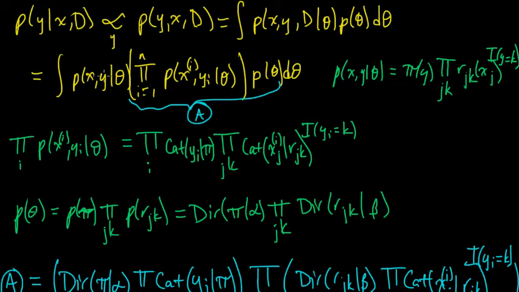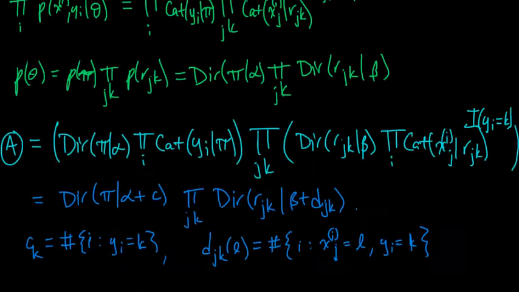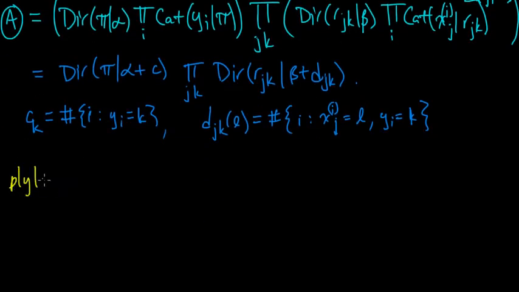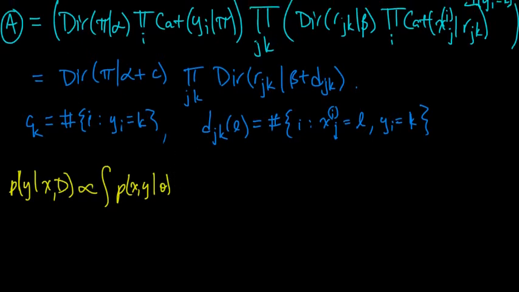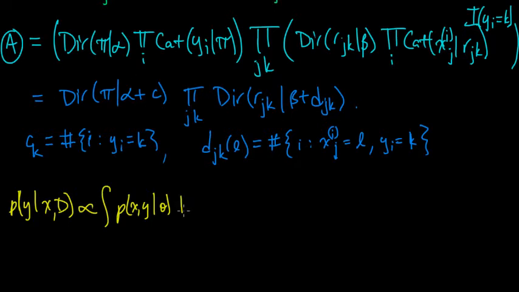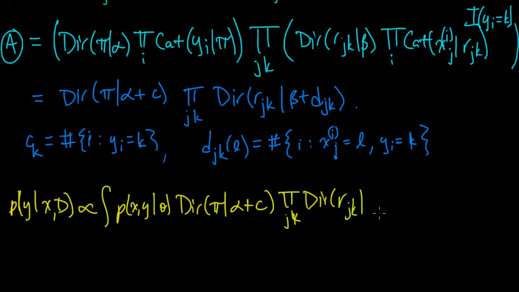This thing is proportional to the integral of this times A. The predictive distribution on y given x and the data is proportional to the integral of the probability of x and y given theta times that thing A, which was this right here, times a Dirichlet over pi with parameters alpha plus c times this product over j and k of the Dirichlets over r_jk with parameters beta plus d_jk.